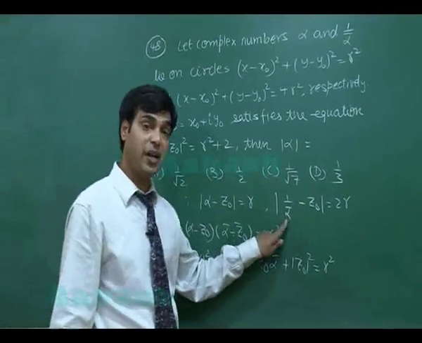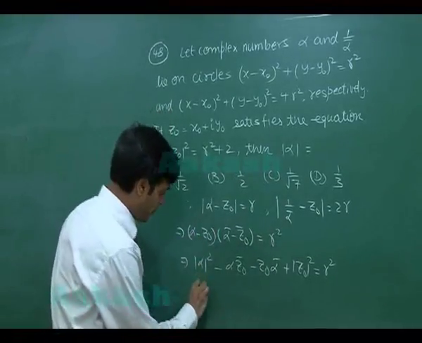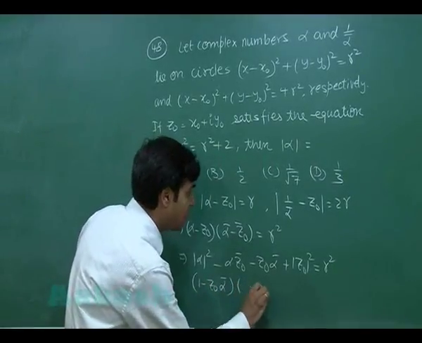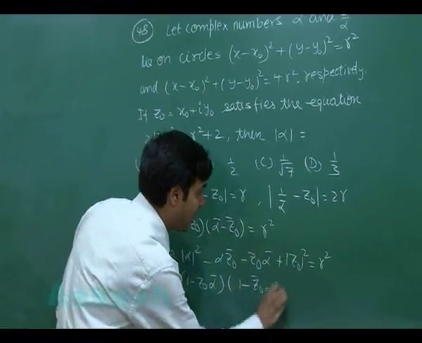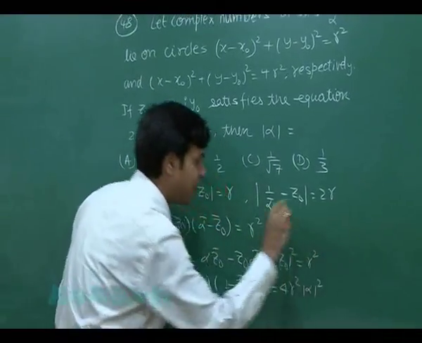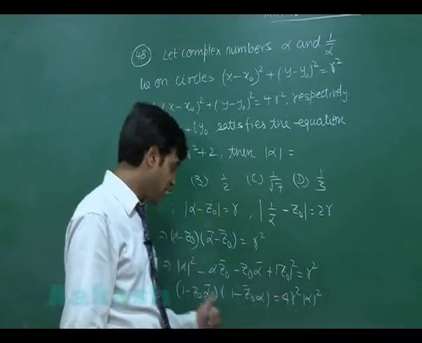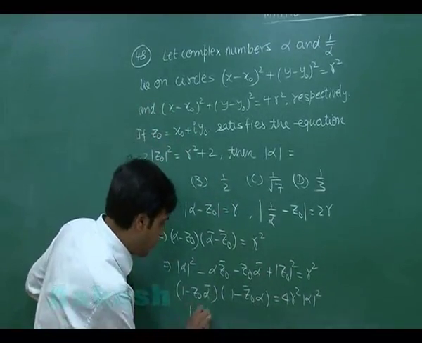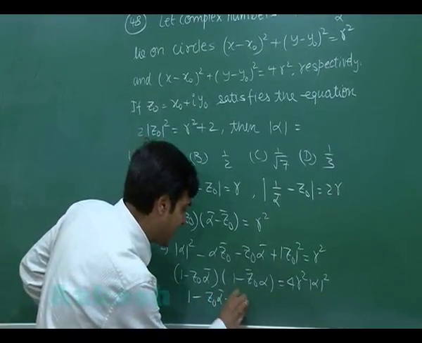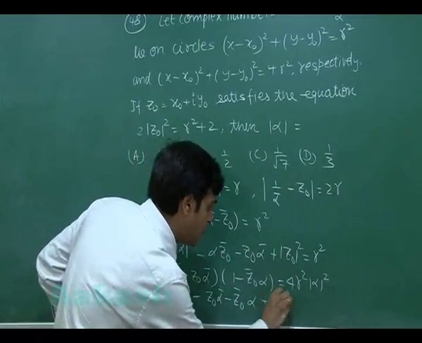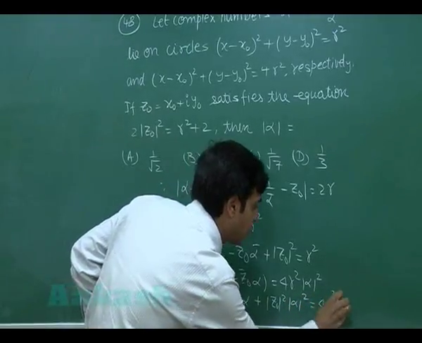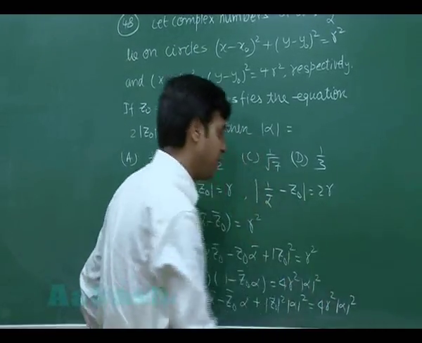Similarly, from the second equation, we can read it as (1 minus z naught alpha bar) into (1 minus z naught bar alpha) is equal to 4r square mod alpha square. Simplifying this equation, we get 1 minus z naught alpha bar minus z naught bar alpha plus mod z naught square mod alpha square is equal to 4r square mod alpha square.